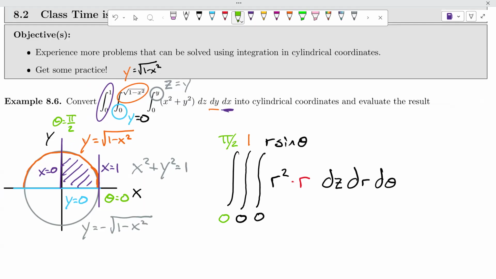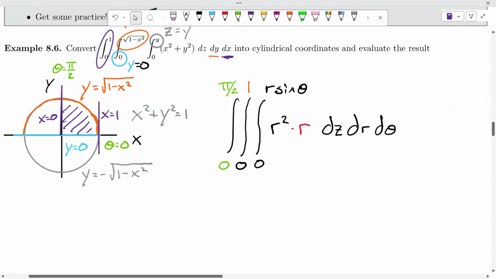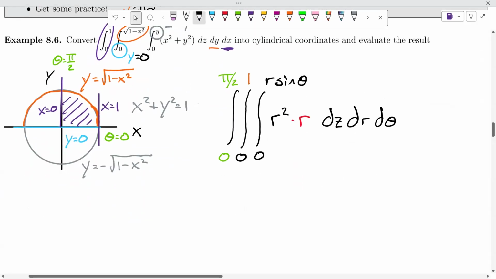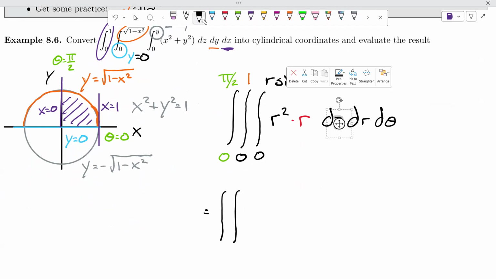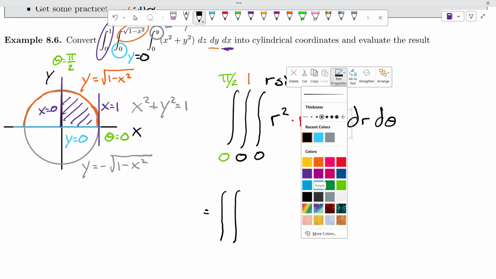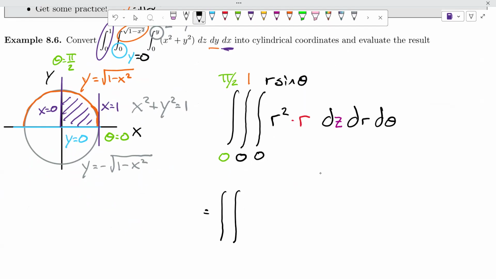And then we just have to integrate that thing. So 3 integrals in order. Ready, go. I'm still going to have 2 integrals left after I do the first one. All I have to integrate is dz. So there's not much to integrate there. dz integrates to z. I evaluate from 0 to r sine theta.